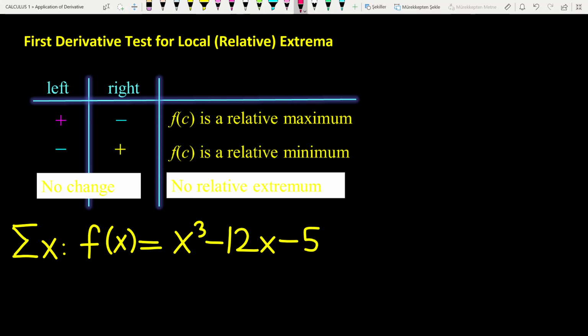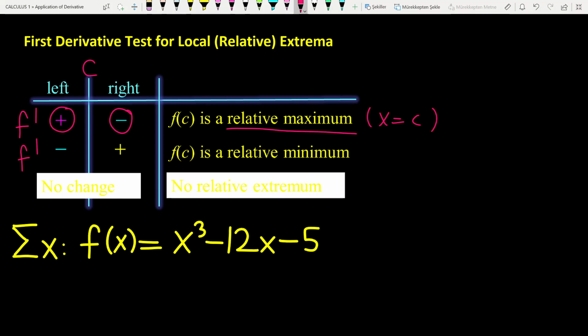If the sign of f prime is positive to the left of the point C and negative to the right of the point C, in this case x equals C is called a relative maximum point.